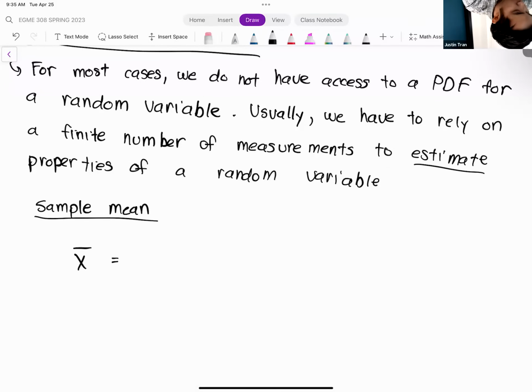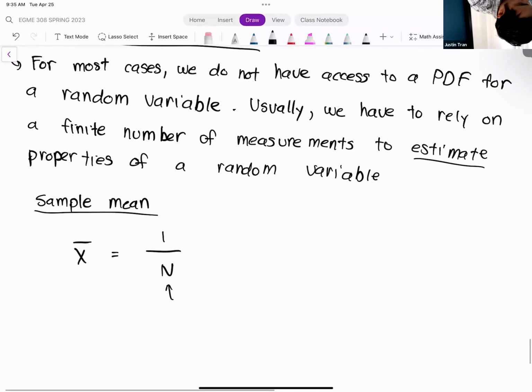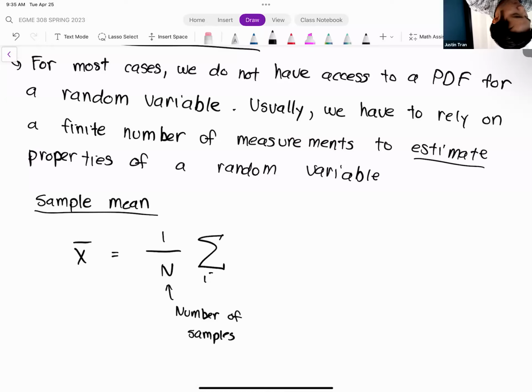And so this is a formula we know from before. The sample mean is simply 1 over big N, where big N is the number of samples, and you take the summation from i equals 1 to N of each measurement x_i.